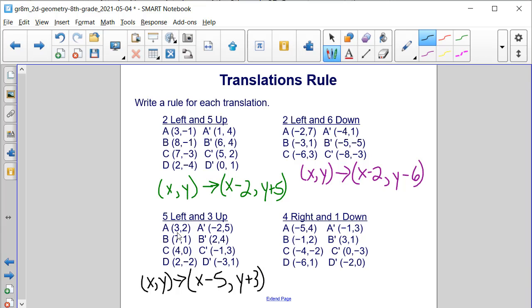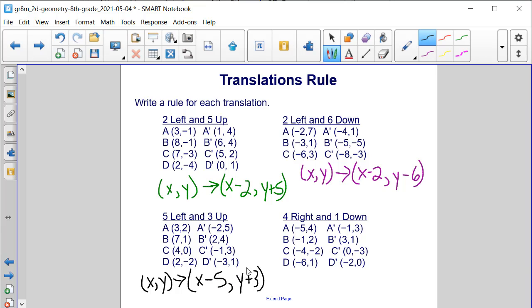Let's check. 3 minus 5 gives us negative 2. 2 plus 3 does give us 5. 7 minus 5 gives us 2, and 1 plus 3 does give us 4. Seems to be working. 4 minus 5 does give us negative 1. 0 plus 3 does give us 3. And finally, 2 minus 5 gives us negative 3, and negative 2 plus 3 does give us 1.